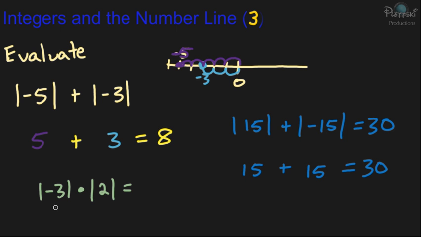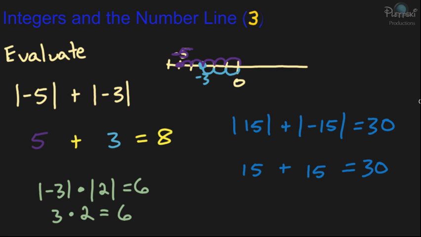So the absolute value of -3 is just a positive 3. And the absolute value of 2 is just a positive 2. So that becomes 3 times 2, which is 6. And that would be your answer for that one. So the absolute value of -3 times the absolute value of 2 is 6.